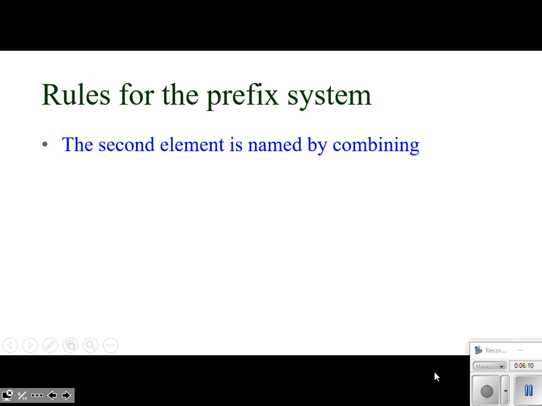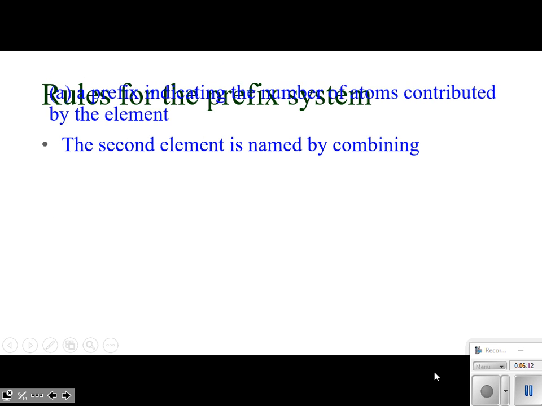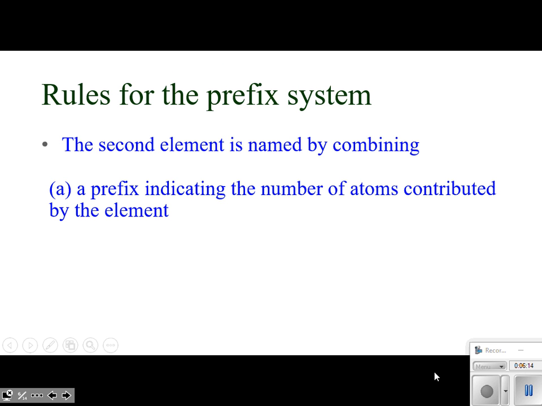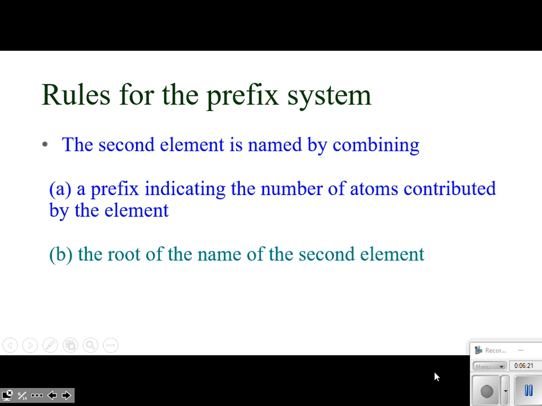The second element is named by combining the prefix of the number of atoms of that element, the root of that element, with an IDE ending.